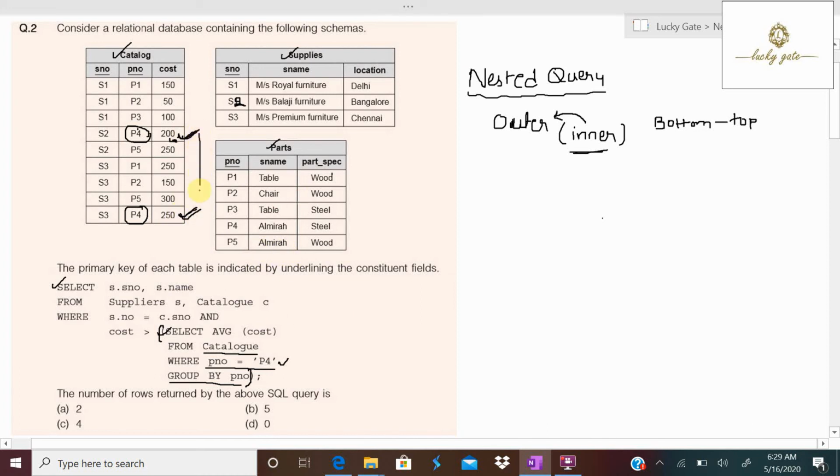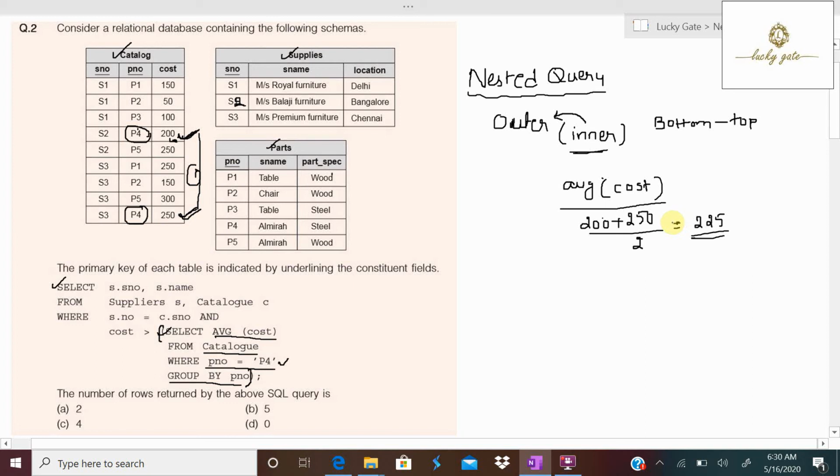For this group it finds the average of cost. The inner query is finding the average of cost: 200 plus 250 divided by 2, which gives 225 as the output of the inner query. So the inner query is evaluated, giving the output 225.